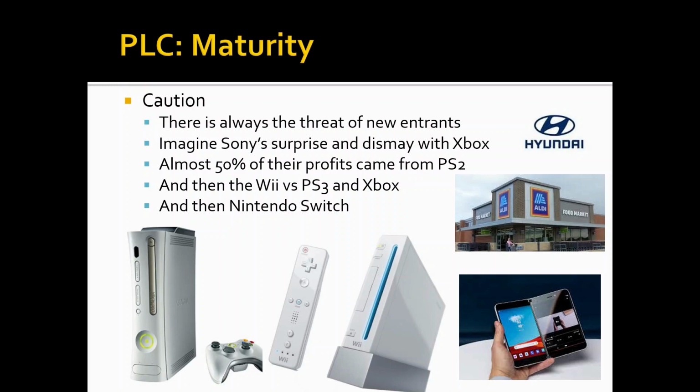Aldi's a relatively new competitor in the grocery industry. And even before that, you had all of a sudden Walmart and Target and mass merchandisers getting into the grocery industry. And even at the bottom, Microsoft keeps trying to enter into the phone market, and that's their new Duo phone. So just because you're in maturity doesn't mean there's going to be a lack of competition. There's always a threat of new companies coming in.